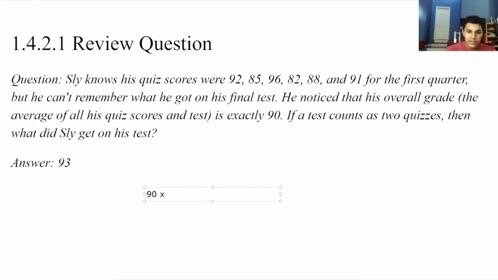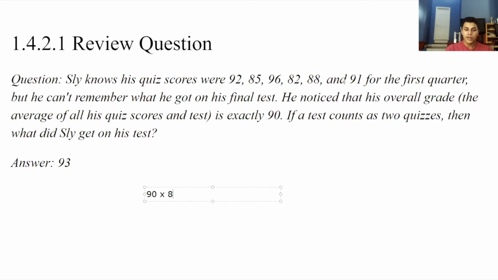So in this case, we have 8 pieces of data total that we're multiplying by, because we have 6 quiz scores, a 92, 85, 96, 82, 88, and 91. And then we also have 1 test score, which you might think would add up to 7, but in this case we're going to count it as 2, because the question tells us that a test counts as 2 quizzes.